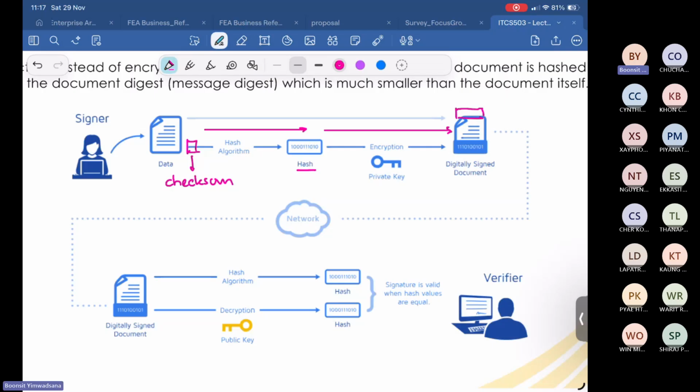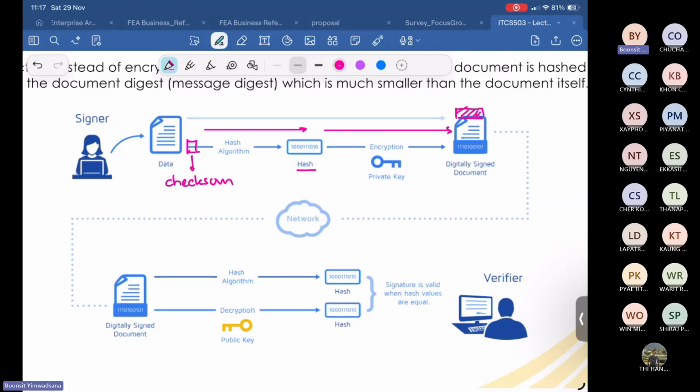Alice takes this message and takes out the header part, which contains extra information about this encrypted hash of the checksum. And then once Alice receives this message, she takes a look at the header, and then takes a look at the document.